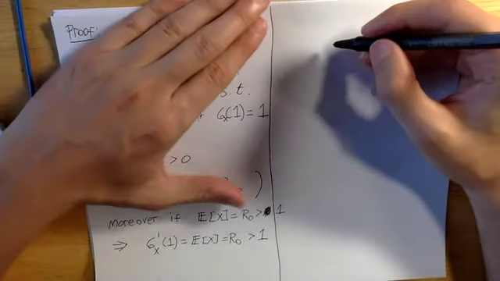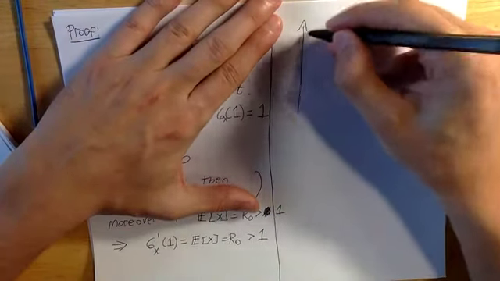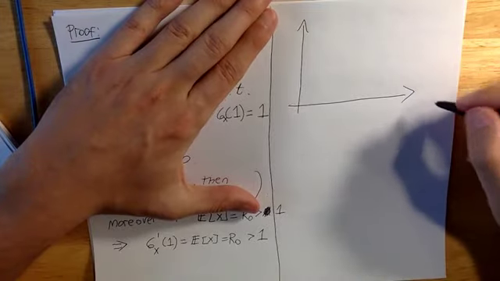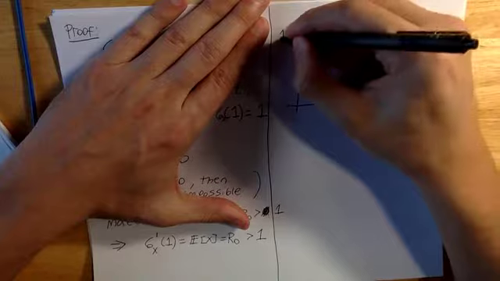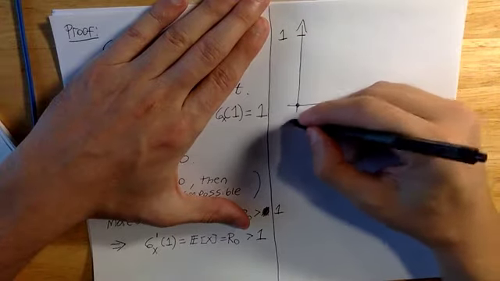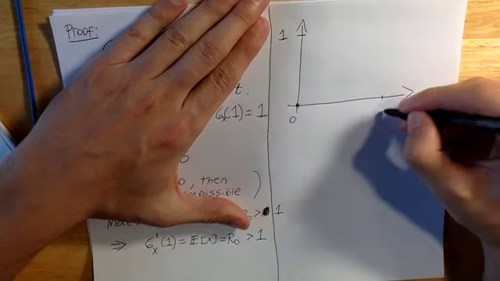So if we do the graph that we were looking at before, here we have s, here we have 1, here we have 0, here we have 1.